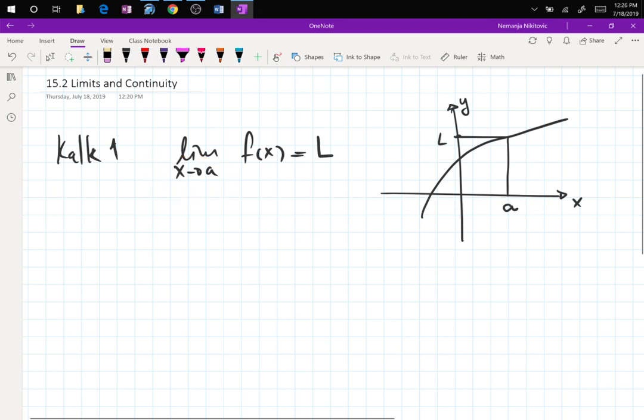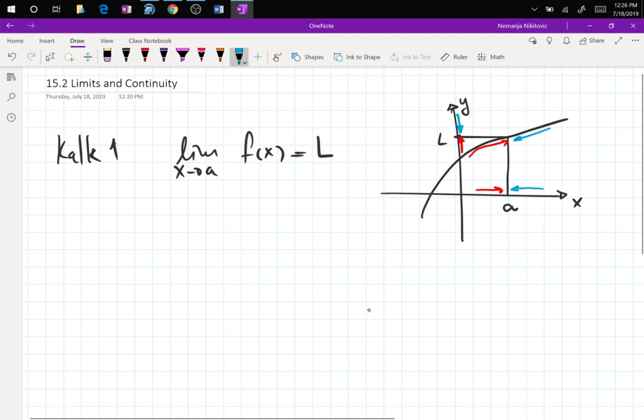You can approach a from the left, which is you walking up this line towards L. And then you go from the other side, which is going down the line, down this y, again towards L. And because they meet at L, you have a limit.